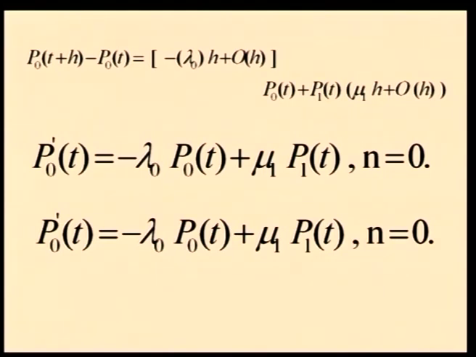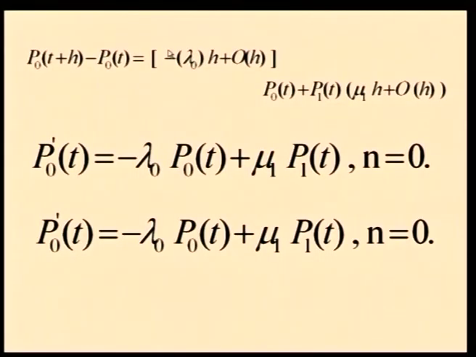You talk about the departure of a customer only when there is at least one customer in the system. That is the reason why we do not have a minus mu naught in the first expression. This actually is P naught of t plus h equal to P naught of t into 1 minus lambda naught h plus order of h.